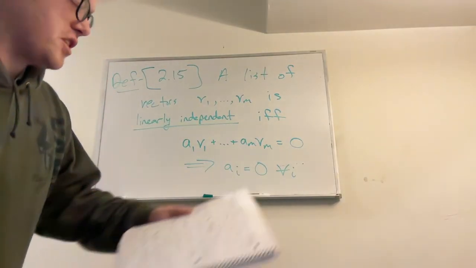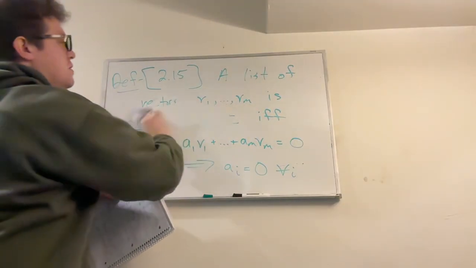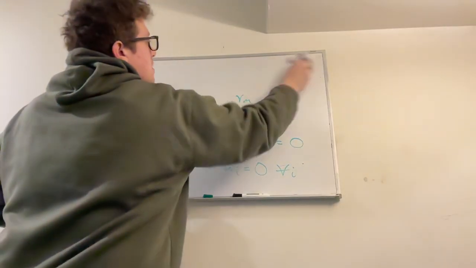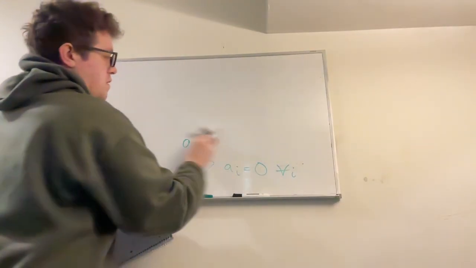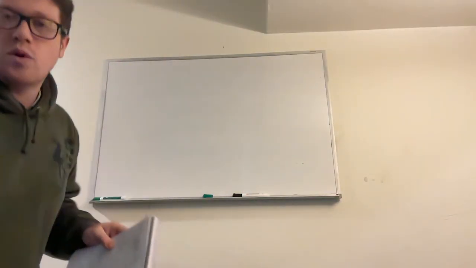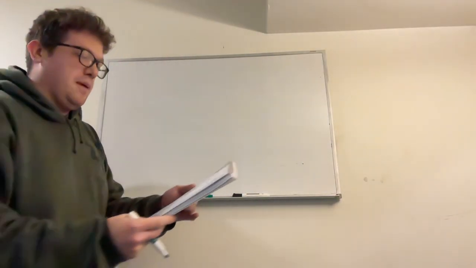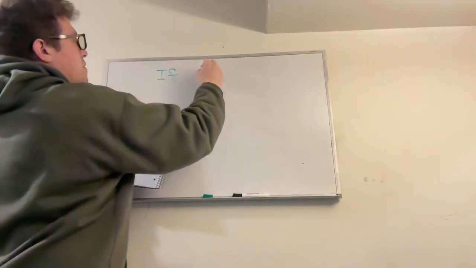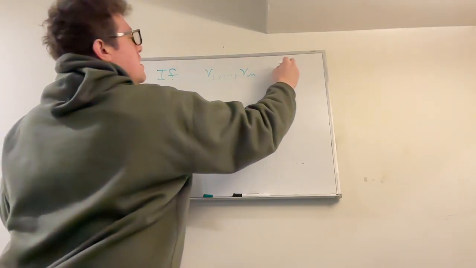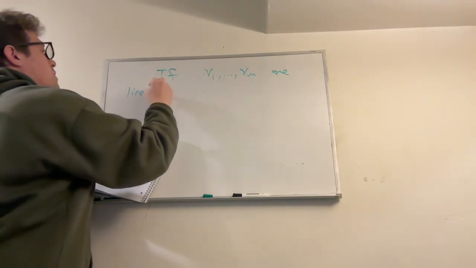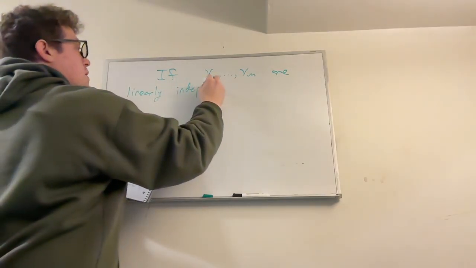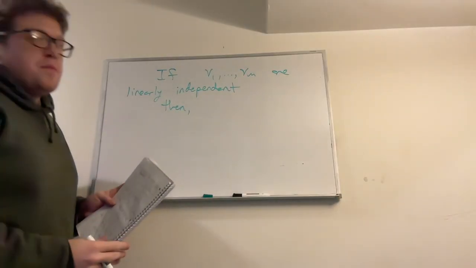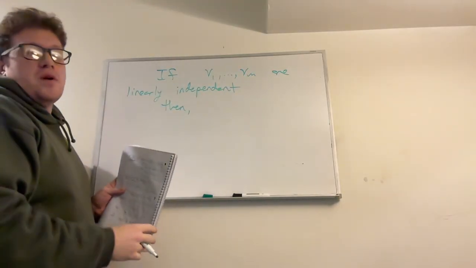Right. Actually, I'm going to write something similar here anyway. So let's see. This actually wasn't in the book, but I'm going to include it anyway. So if v1 through vm are linearly independent, then one statement that's true is that the span of the vectors can be written as a direct sum.